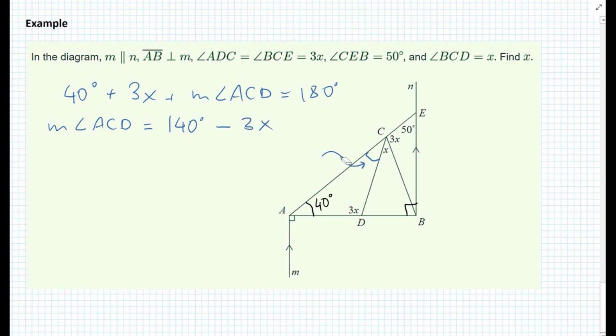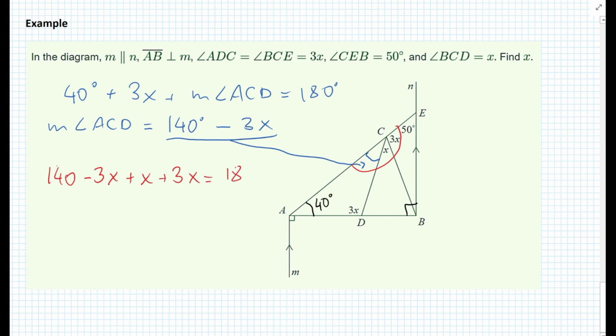So now we know that this here must be true for this particular angle. So how do we solve this problem now? Well, we know that this here is also a straight angle, correct? That means that here we can say that 140 minus 3x, and then we have plus x and then plus 3x, right?